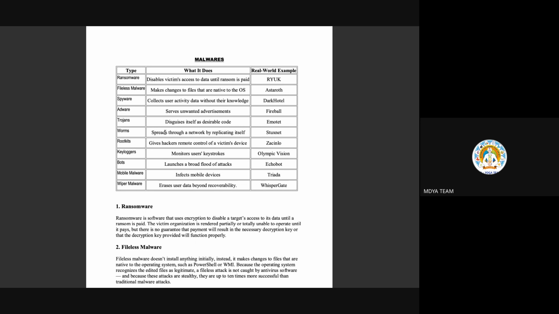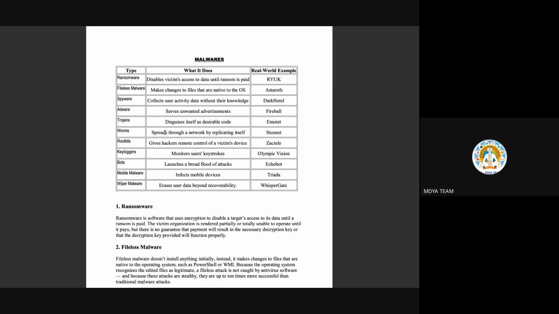Then spyware, which collects the user's activity data without their knowledge. They track which websites you are looking at, what your password or username is, and how many people you are in contact with. That is the spying they do.